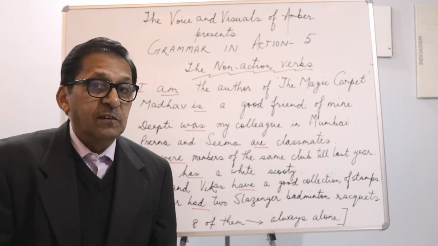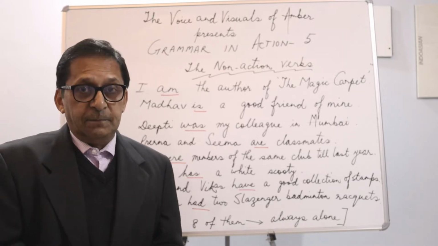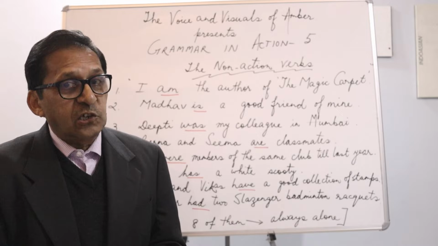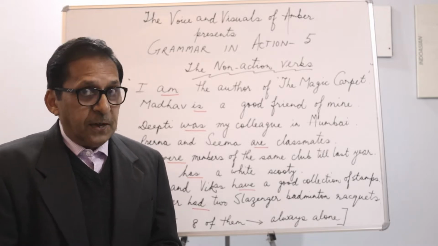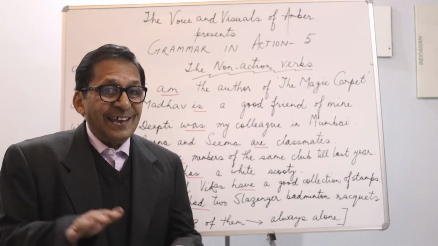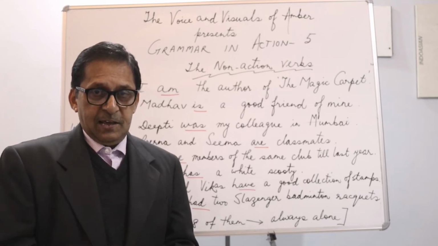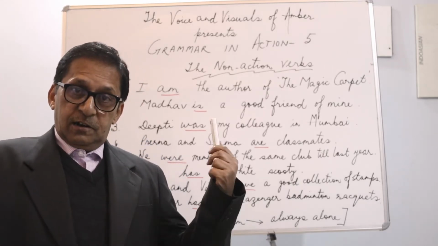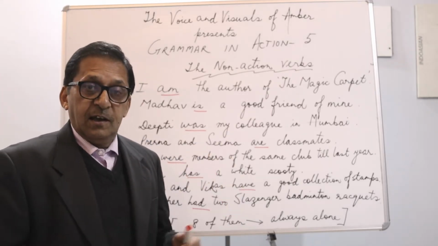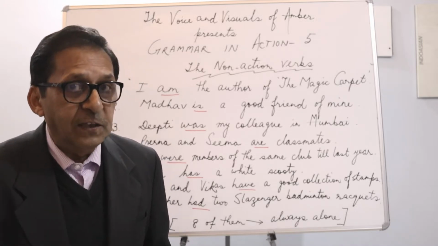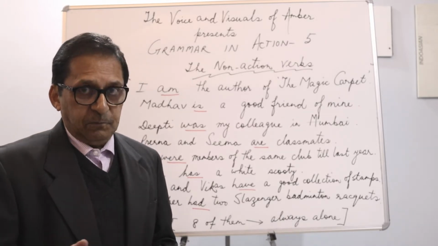It had what is known as the to be verb or the non-action verb, the verb that indicates existence, being in the present or in the past. So here we are going to do this evening the to be verbs.